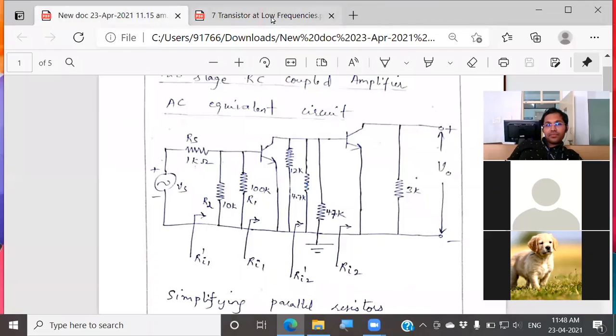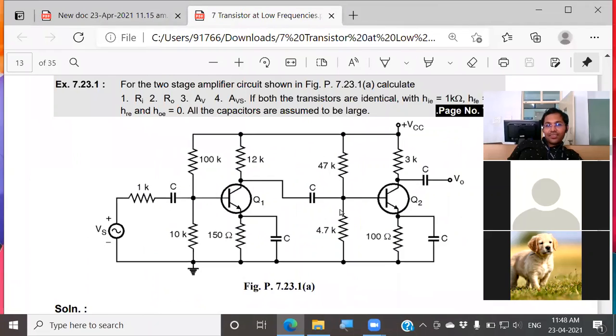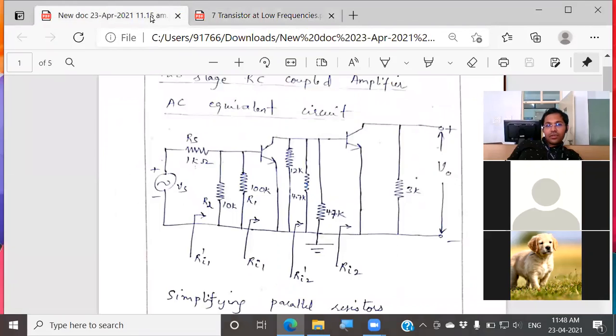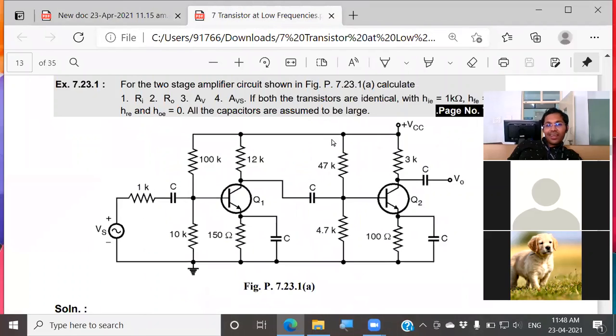This also we finished. Next we are going here, connected to base. Now what should I take here? The emitter I should directly connect where, for the AC equivalent? Ground.